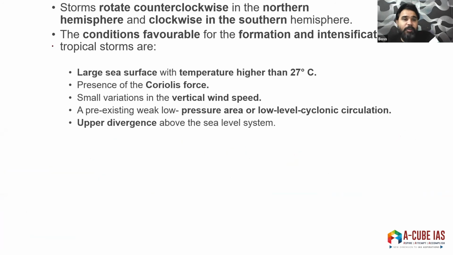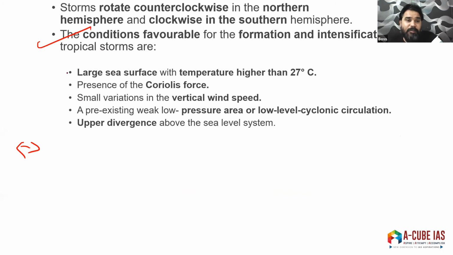Now, some of the favorable conditions for the formation and intensification of a tropical storm or tropical cyclone. What exactly are the conditions because of which a high intensity cyclone is formed?